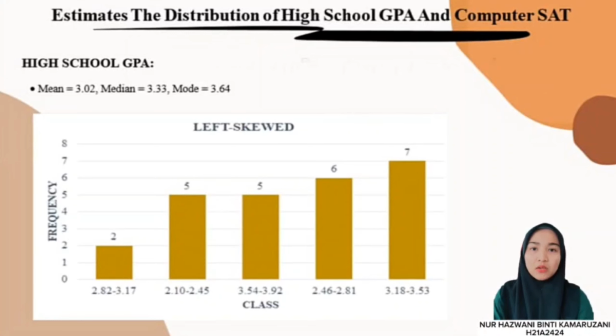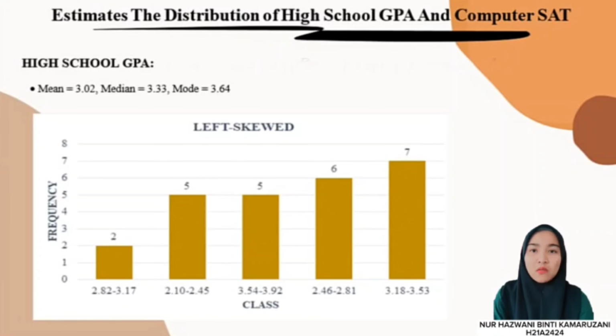I will continue this presentation with question number 5, which is estimate the distribution of high school GPA and computer SAT using the test for estimating the normal, right skewed or left skewed distribution. For the high school GPA, I use graph left skewed distribution.